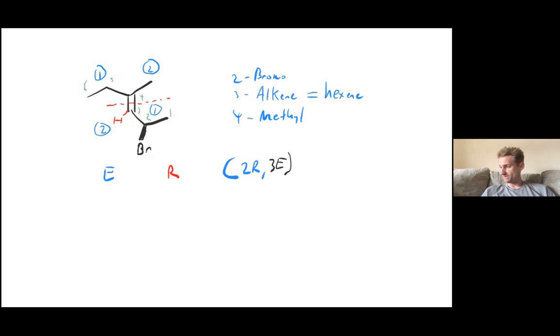And then we have our substituents, putting them in alphabetical order. 2-bromo. 4-methyl. And then for our triple bond, we're just going to indicate what position it's on. So 3, and then it's hexene. Should be all one word, I just kind of ran out of space.